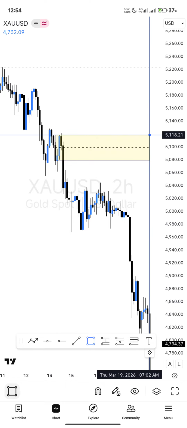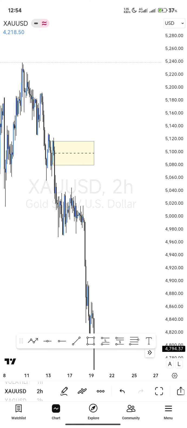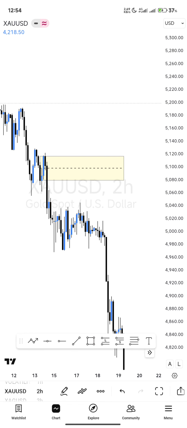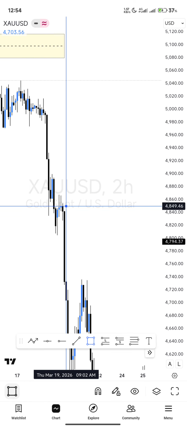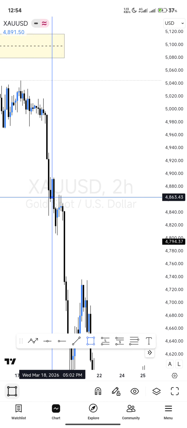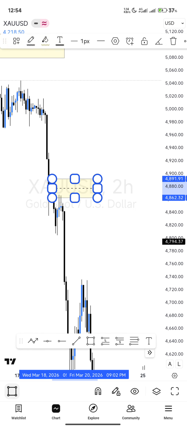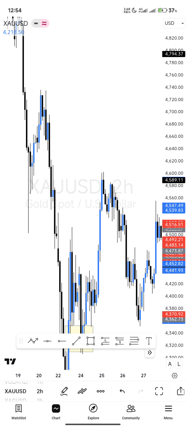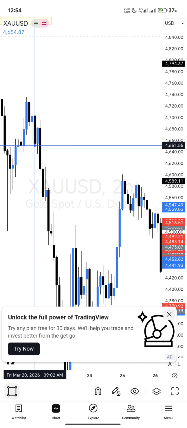So this is an order block. Notice the candle closed below it, right? But price did not come back there to mitigate it. All right, so this is a practical example of a bearish order block. You can see how price closed below it and price made a retracement, mitigated it, and then you see the massive sell off.